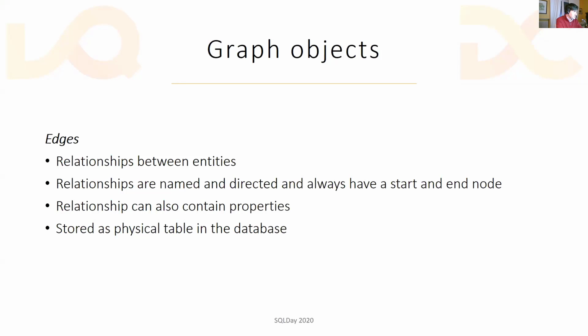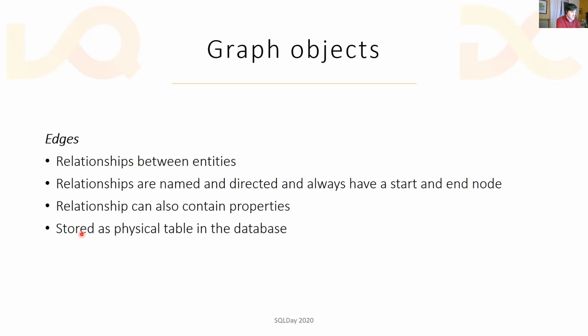This is quite important: all the relationships are directed. There's always a direction in the relationship, and therefore there is a start point and an end point. Edges as well are stored as physical tables in the database.